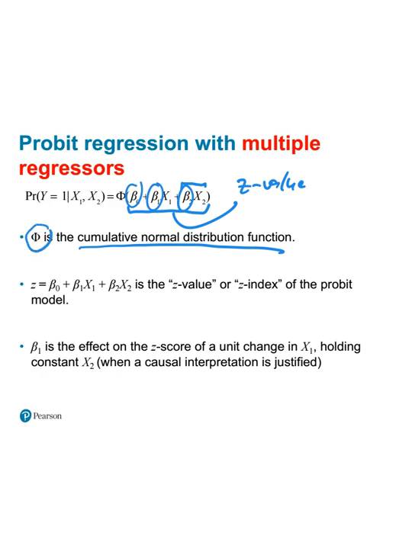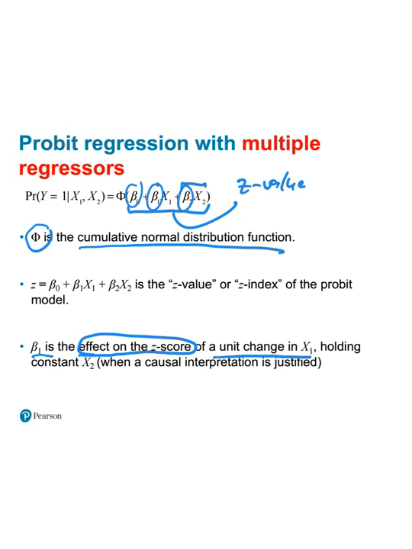And effectively, again, beta 1 then is interpreted as the effect on the z-score of a unit change in x1. So let's not say anything too much. Let's not go beyond our scope of limitations. When we change our x1 variable by 1 unit, we say that beta 1 is the impact on the z value.